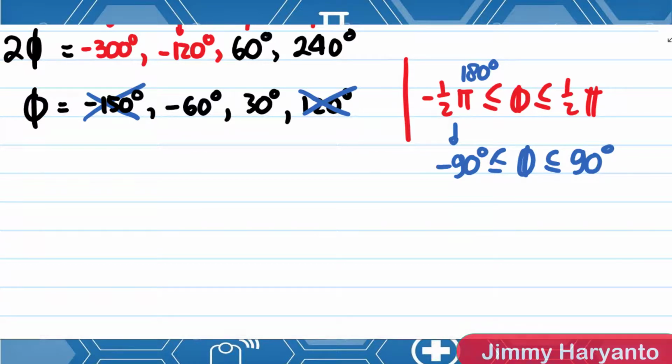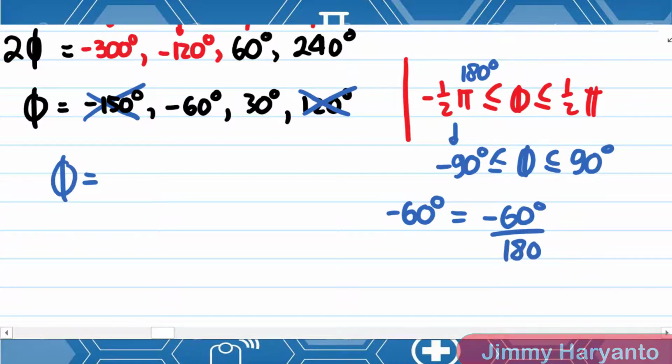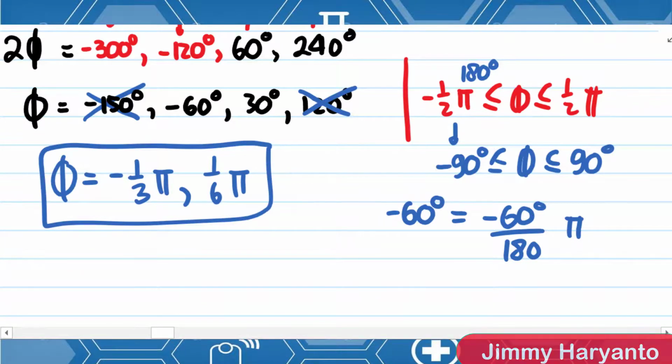But don't forget, because the question gives us in radian form, we have to answer in radian form also. Negative 60 degree is equals to negative 60 degree over 180 degree times pi, negative 1 over 3 pi, comma, for the 30 it will be 1 over 6 pi. This is the answer for theta.